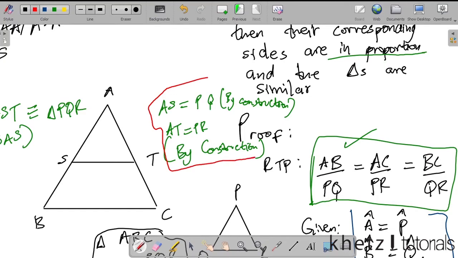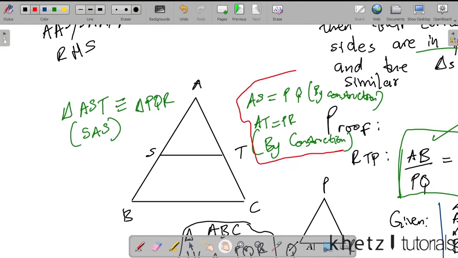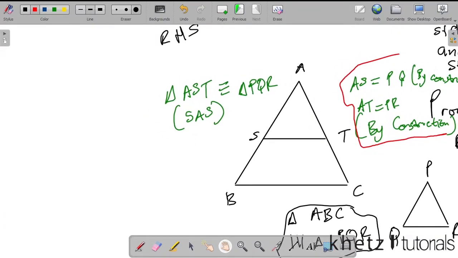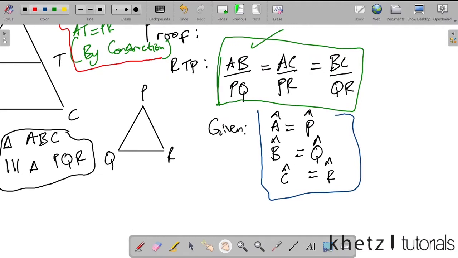I'm just going to state the reasons once again so that we have some sort of flow. Side, angle, side. We constructed AS to be equal to PQ. So this is by construction. That is the side part. And we are given that A is equal to P. It's given to us here in the statement, which we have over there.